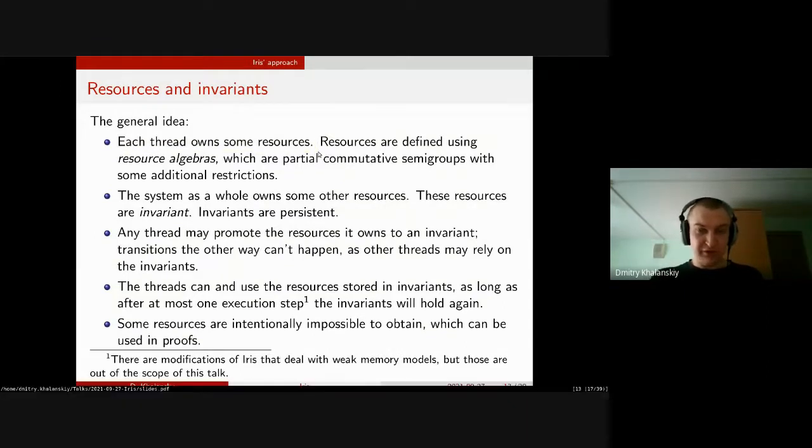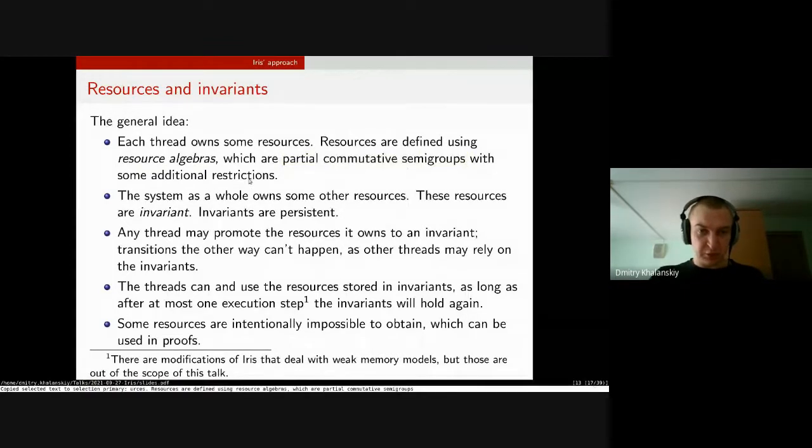The user of Iris can define their own notion of resources as long as these resources satisfy the laws of resource algebras, which are in fact partial commutative semigroups with some additional restrictions that we'll have a look at.